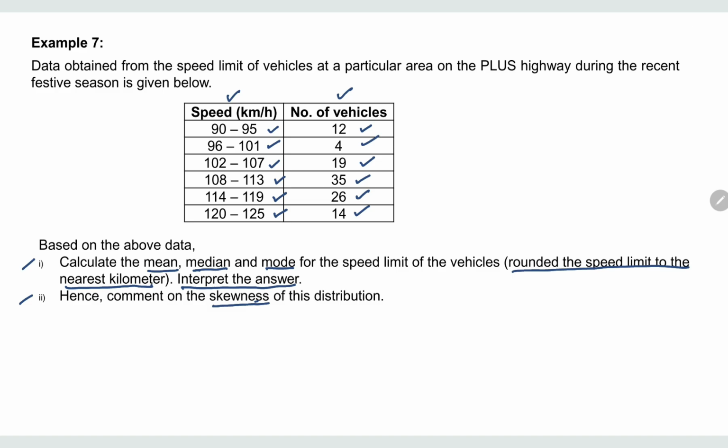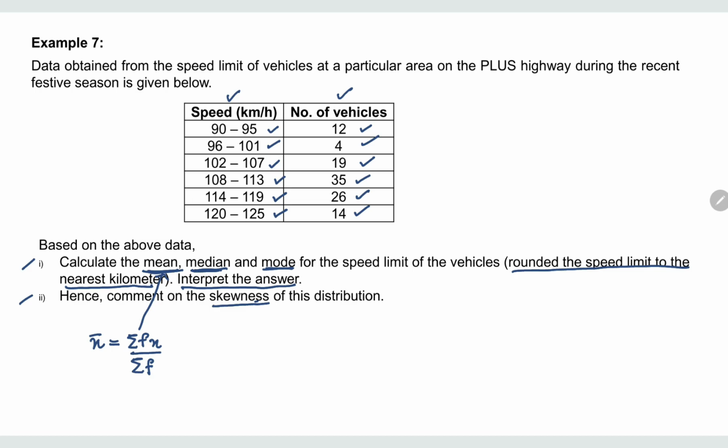Before we can answer number 1, let's try to recall the formulas for mean, median, and mode. The formula for the mean is X-bar equal to the summation of fx divided by the summation of f.